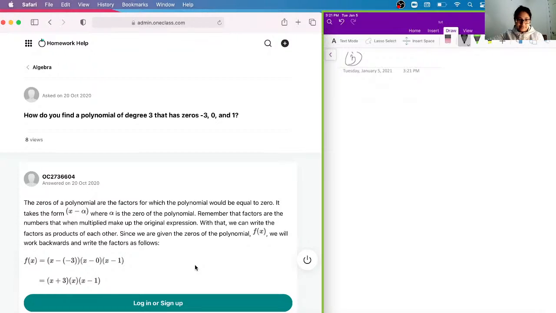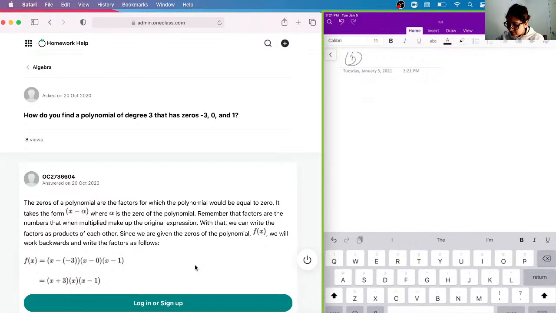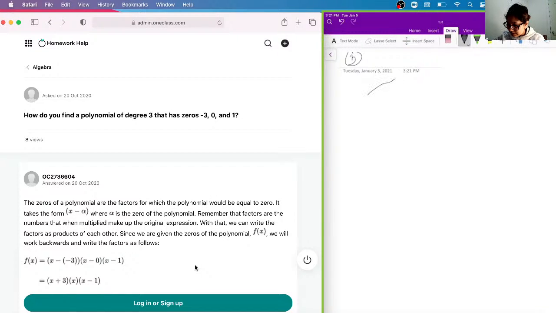The third question says, how do you find a polynomial of degree 3 that has zeros -3, 0, and 1? Okay, so we first have to recall that the zeros of a polynomial are the roots of the polynomial, which would make the whole equation equal to 0.